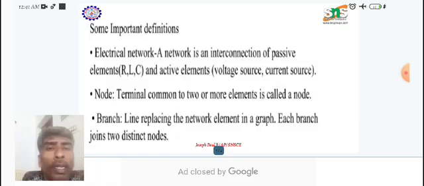Nodes: a terminal common to two or more elements is called a node. Branches: a branch is a link, meaning an edge, replacing the network element in a graph. Each branch joins two different nodes.